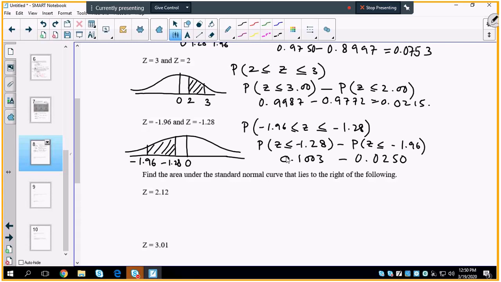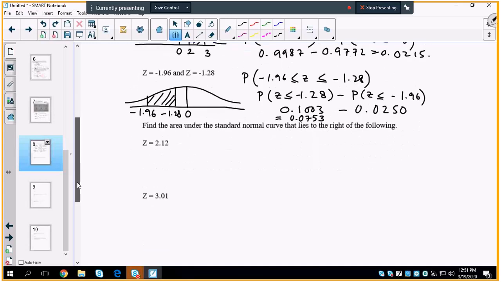And then I do the subtraction. So I get 3 minus 0 is 3, 10 minus 5 is 5, 9 minus 2 is 7, and 0 minus 0 is 0. So 0.0753 is your required probability that the z-score is between negative 1.96 and negative 1.28.